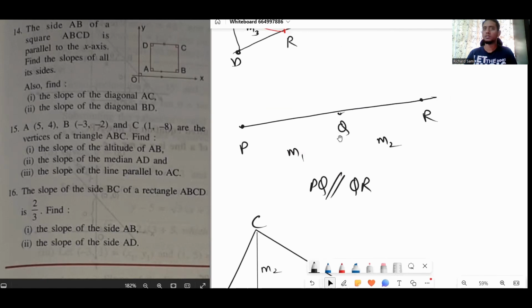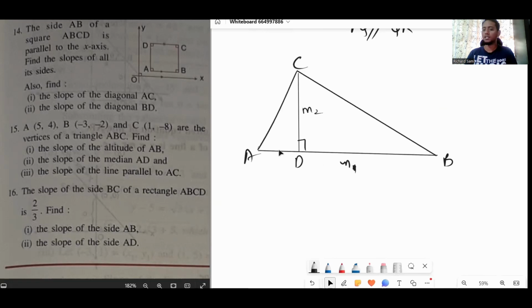Collinear: PQ is parallel to QR. Altitude: perpendicular, CD is perpendicular to AB. So every question that we did today was based on either parallel or perpendicular. If two lines are parallel, then slopes are equal. If two lines are perpendicular, then the slopes satisfy M1 into M2 is equal to -1.